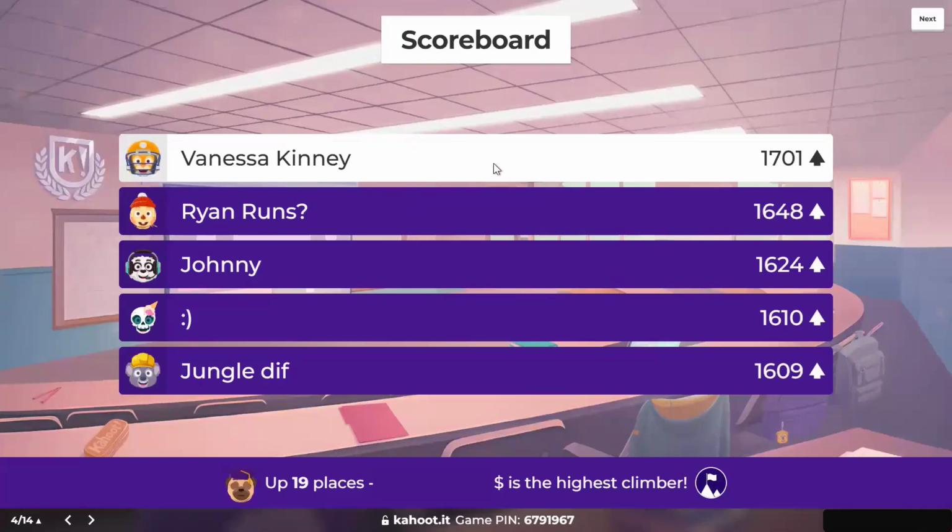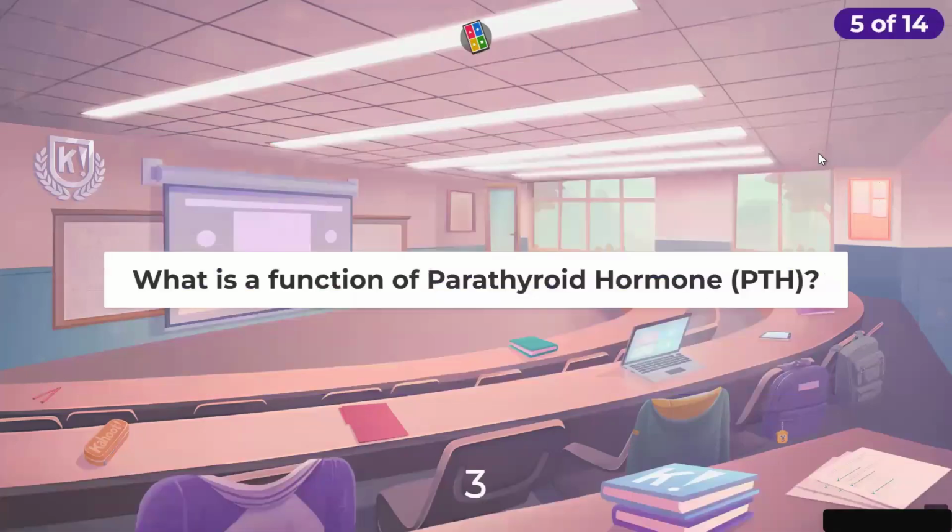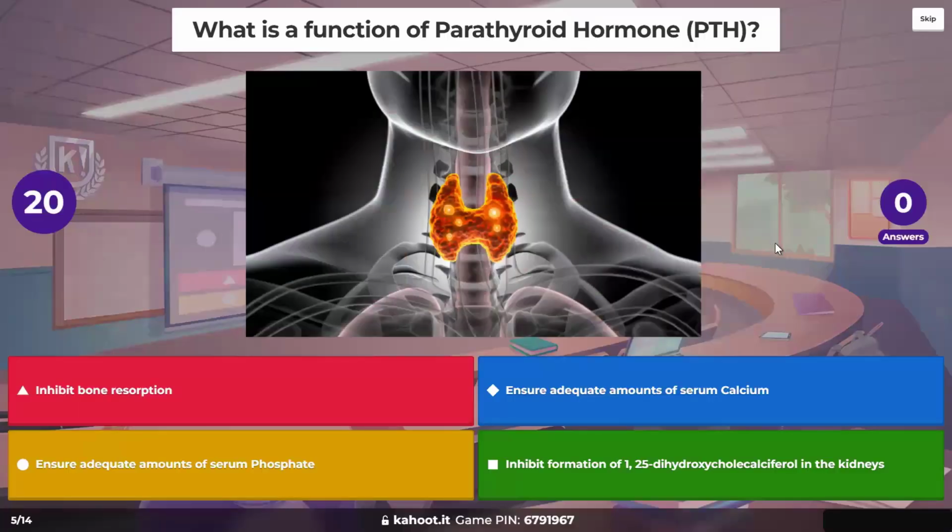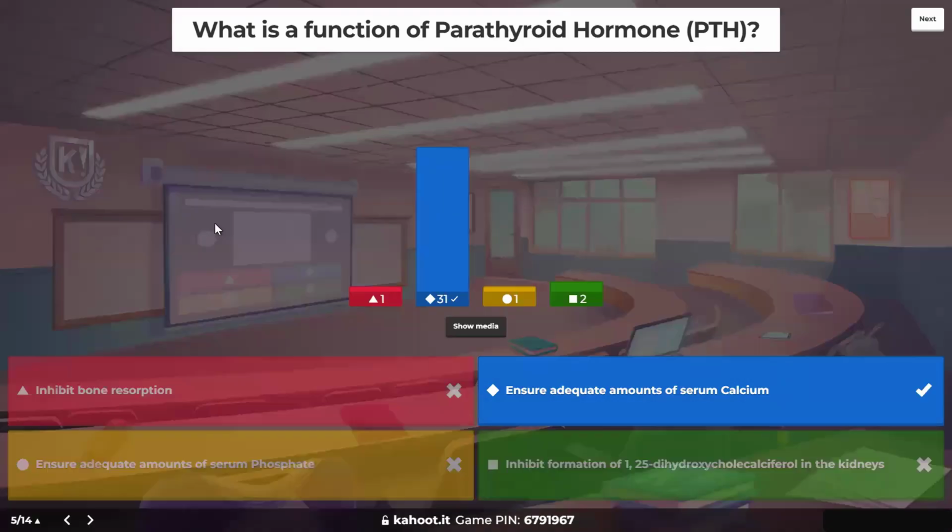Function of PTH, parathyroid hormone. Yeah, the big one, primary reason it exists is to ensure adequate amounts of serum calcium.